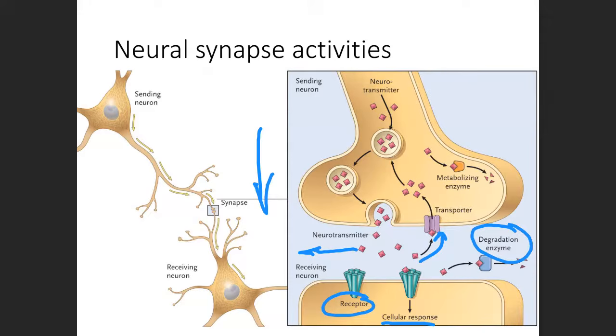Now, in order to allow for repolarization to occur, we need to close those sodium ion gates, which means we need to liberate this receptor of those neurotransmitters. So keeping the neurotransmitters only briefly in the synapse is very important for the recovery of the postsynaptic response.